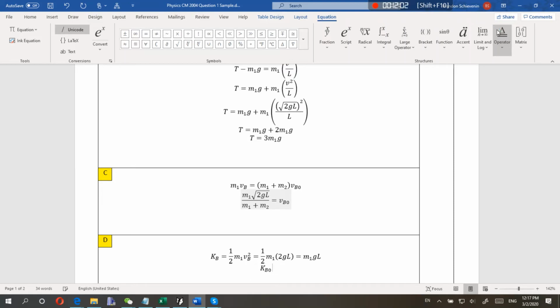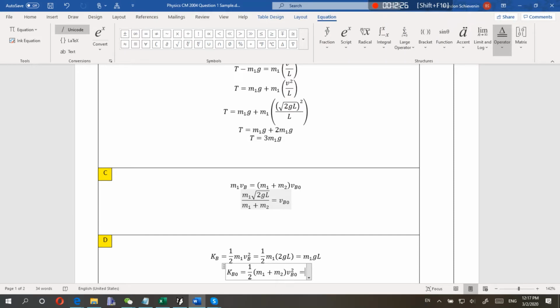Then we need the kinetic energy after the collision, which I think I marked K sub B naught last time. Okay, so kinetic energy after the collision should be equal to what? Half M1 plus M2 V naught squared, VB naught squared. Okay, and I'll need to sub for that VB naught as well.